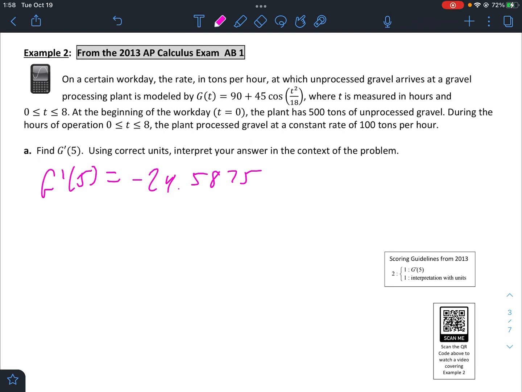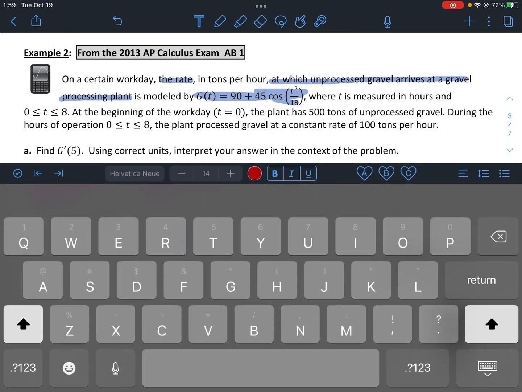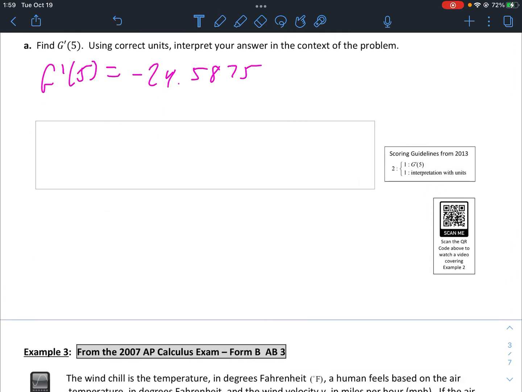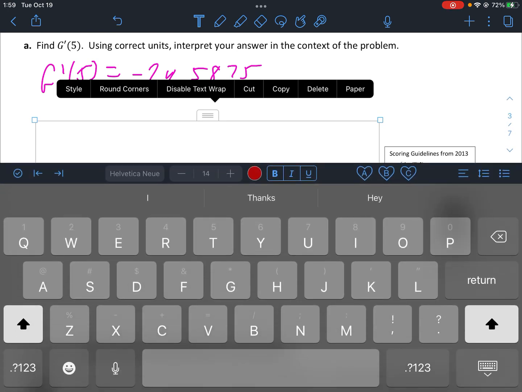Okay? So what does that mean? Again, let's interpret that number now in context of the problem. So G, remember G up here, is the rate at which unprocessed gravel was arriving at a gravel processing plant. Okay? So this is the rate of the rate. In other words, we're going to type this out. I'm going to use my typing as opposed to my handwriting here.